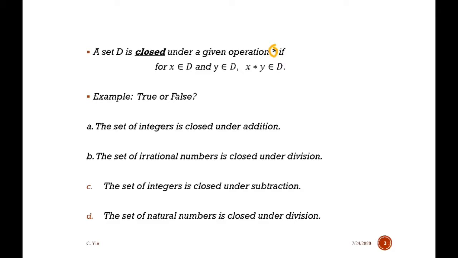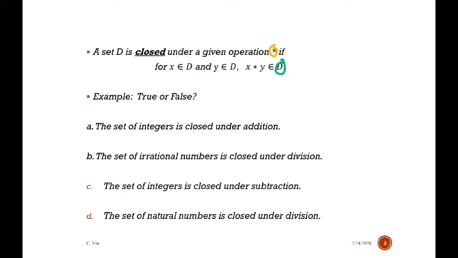That's going to be true if X is an element of some domain, and Y is an element of some domain, and if you do that operation to those things, you also get another element that's in that set. The D here could be real numbers, integers, or rational numbers, so it's just representative of some sort of domain that you might have.